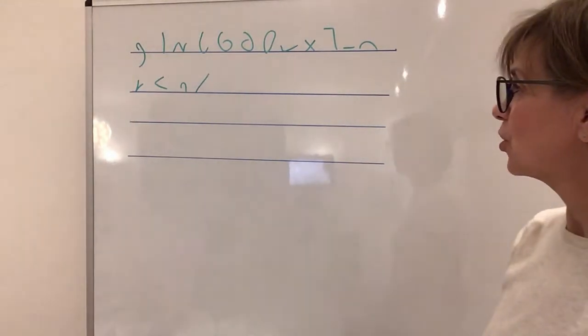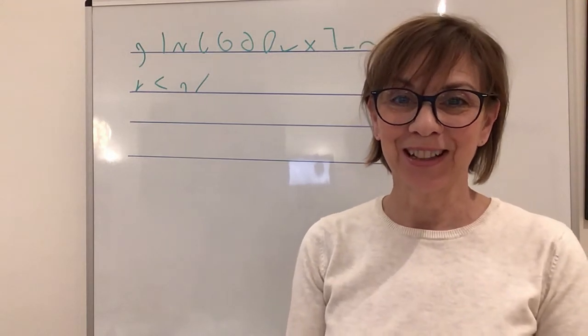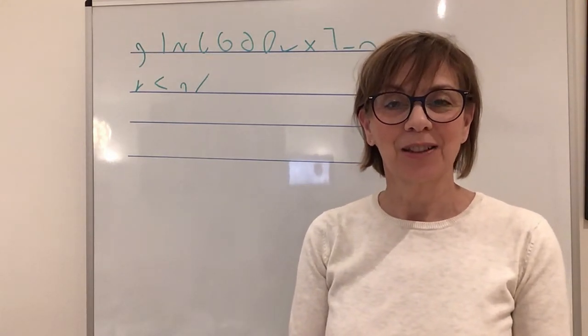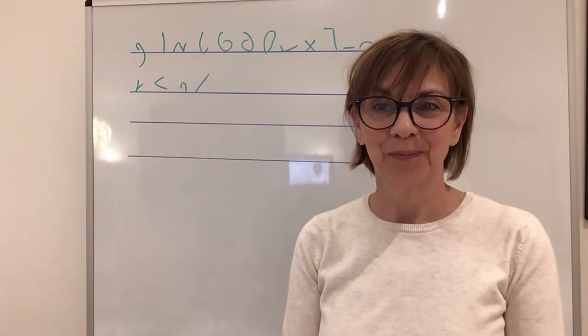So now I'm going to read them to you, and I want you to see, without looking at the screen, if you can write them as quickly as I read them out to you. Ready?